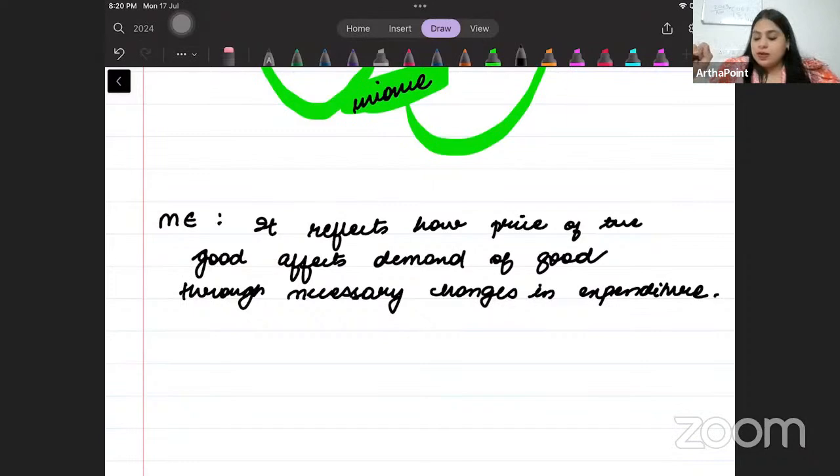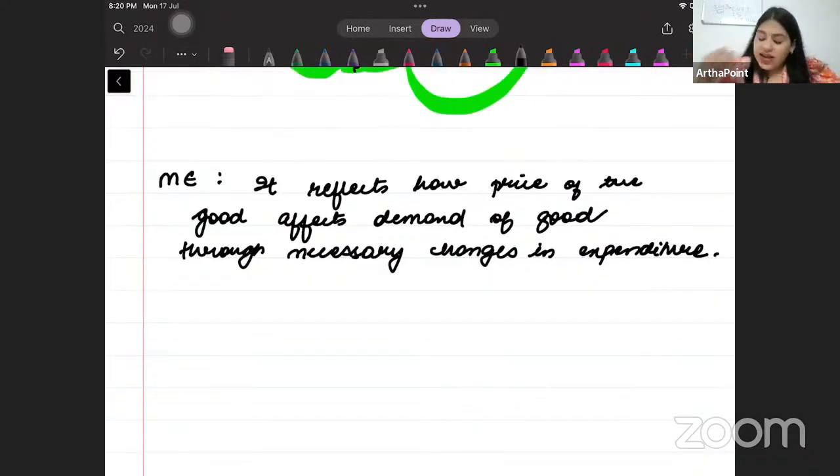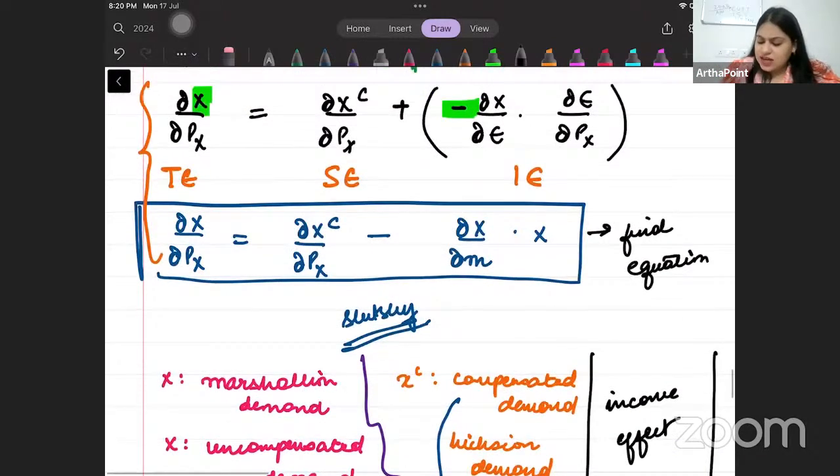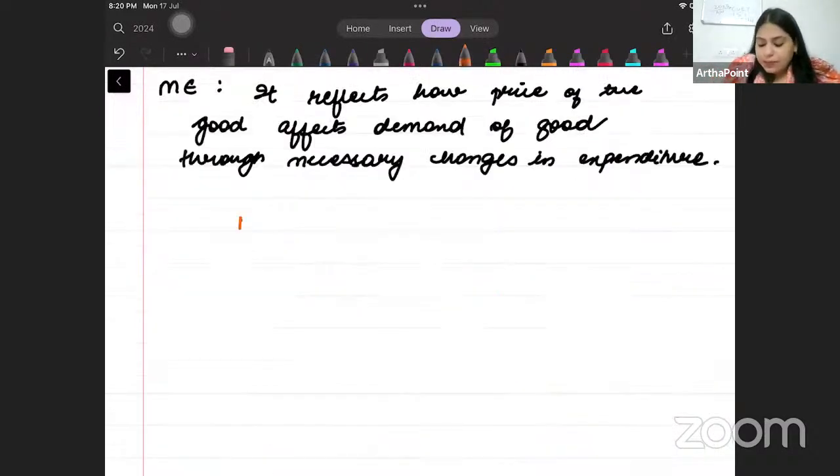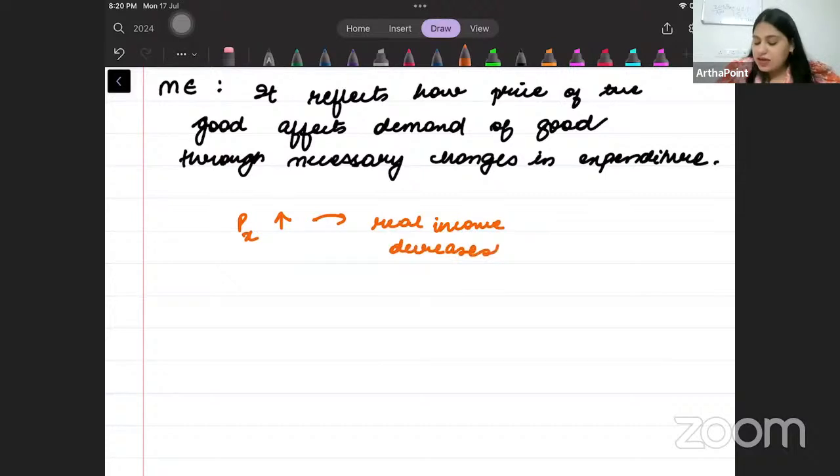Now, one last thing is, why is this negative sign coming? What does the negative sign mean? Many students ask. So just think about it. When the price of good X increases, it means that your real income decreases. It means that the demand of the good will decrease if it is a normal good.